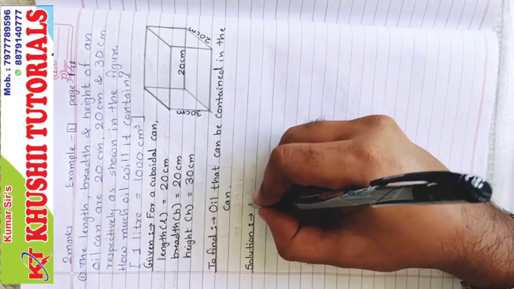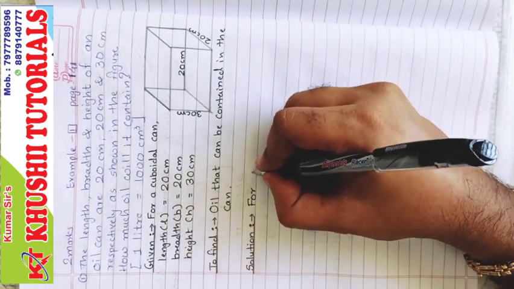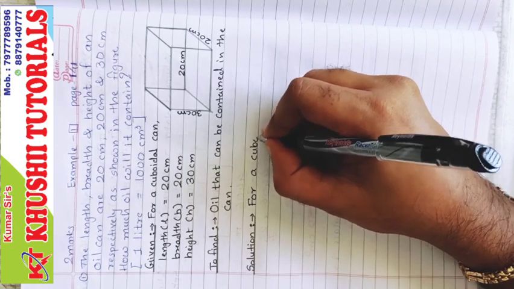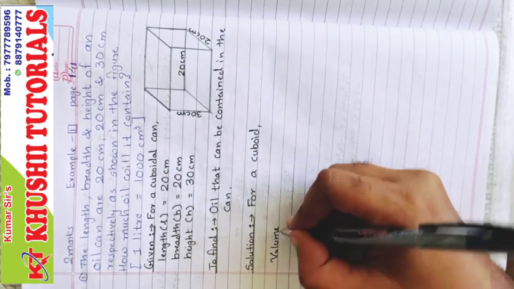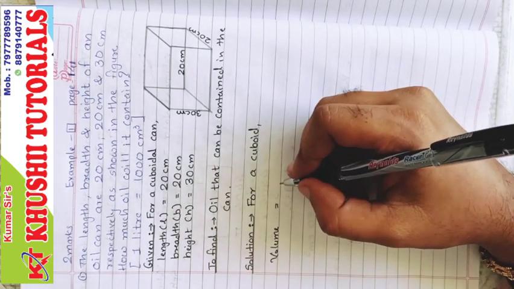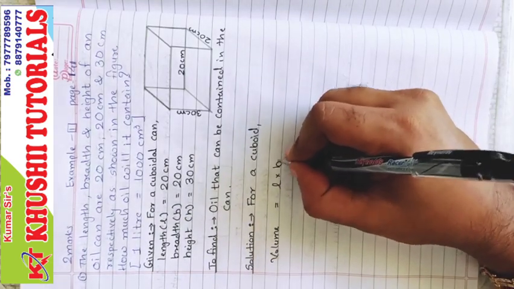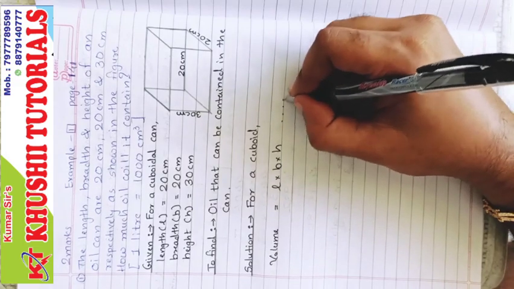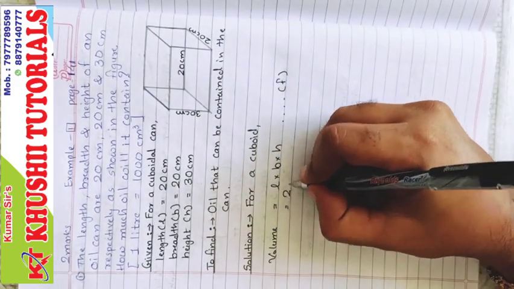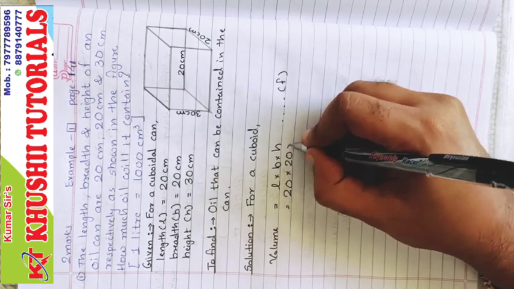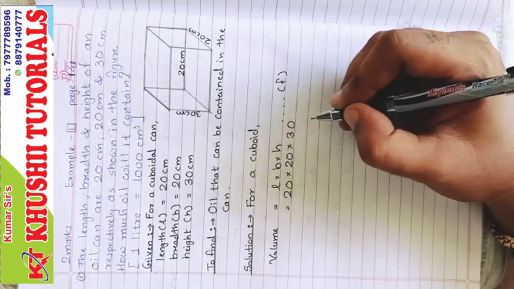First of all we will find the volume. For a cuboid, volume is equal to L into B into H. Length is 20, breadth is 20, height is 30.